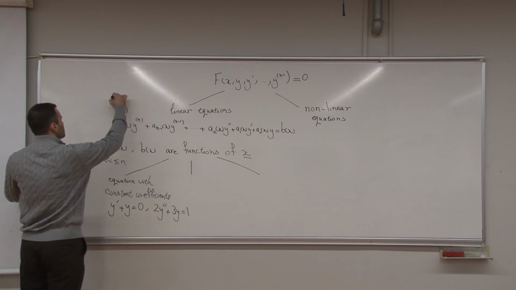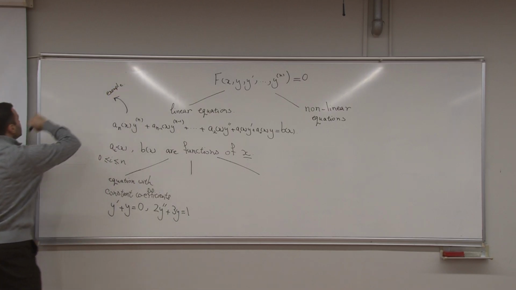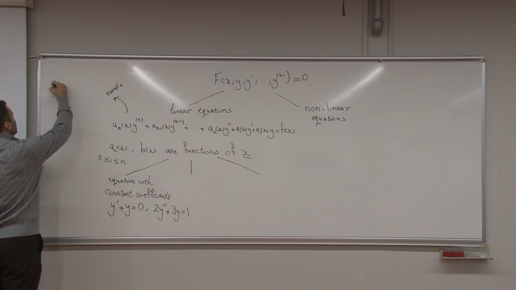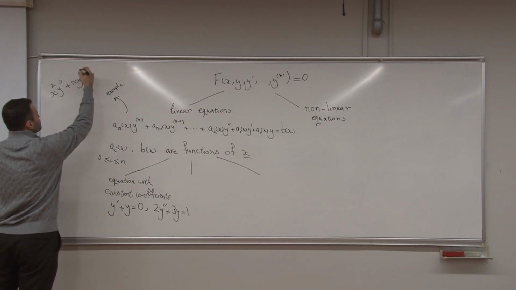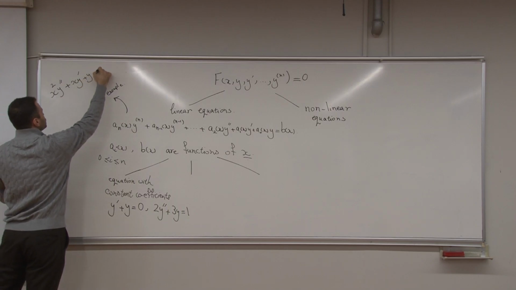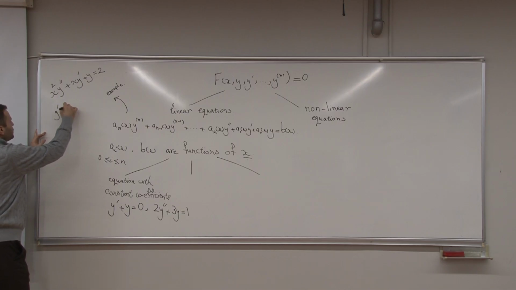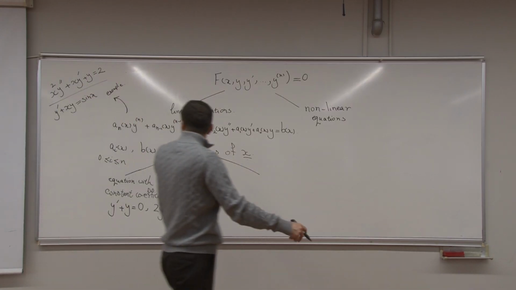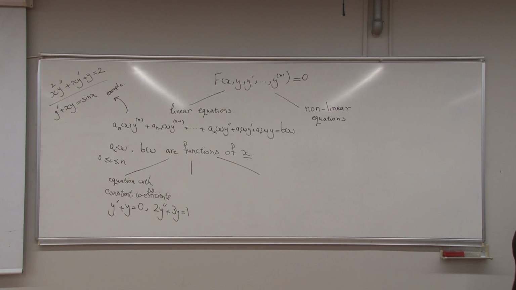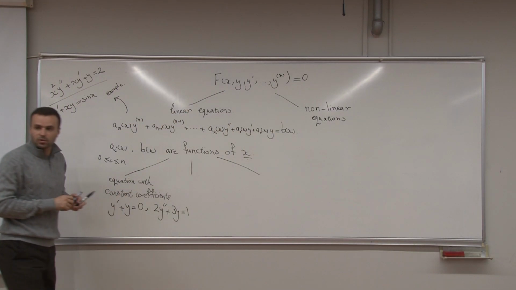For example, look at this: x squared y double prime plus xy prime plus y equal to 2. y prime plus xy is equal to sine of x, for instance. What do you see here? Are they really coming in this general form of linear equations or not?